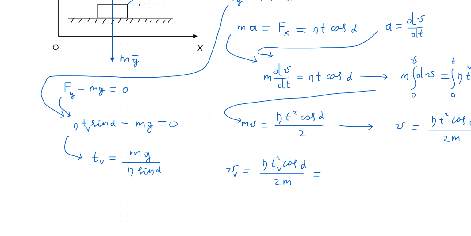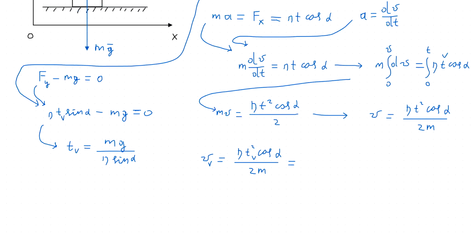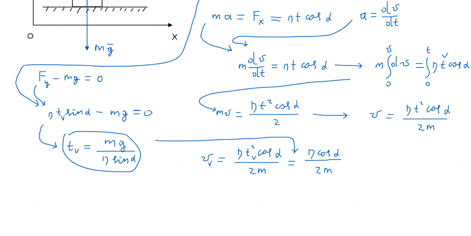According to this, we have that this velocity is eta cosine alpha sine alpha divided by 2m, times mg divided by eta sinus alpha to the power of 2.